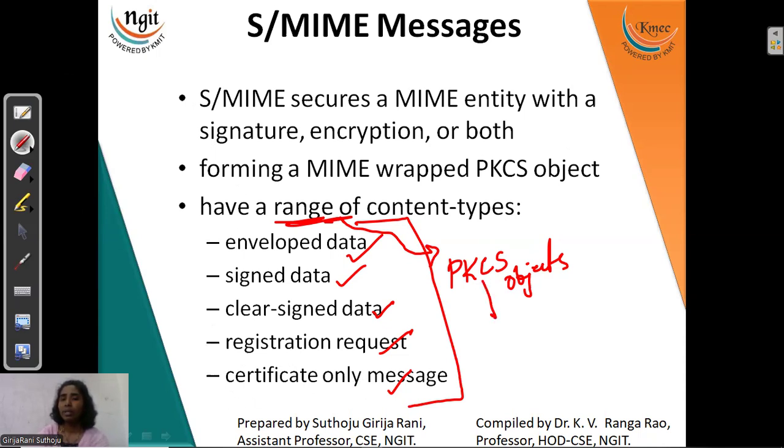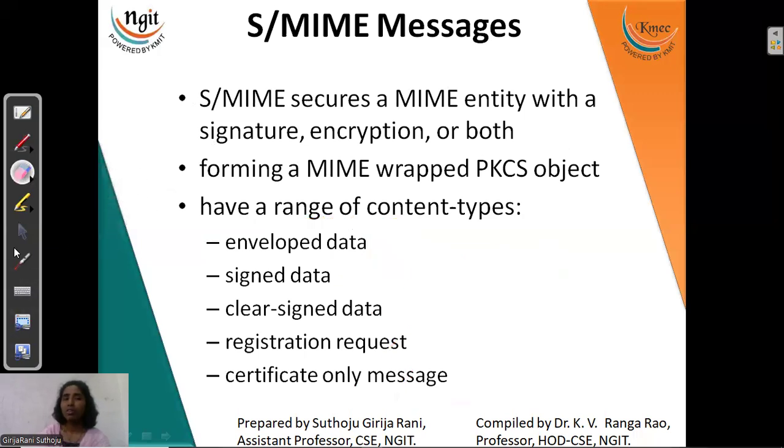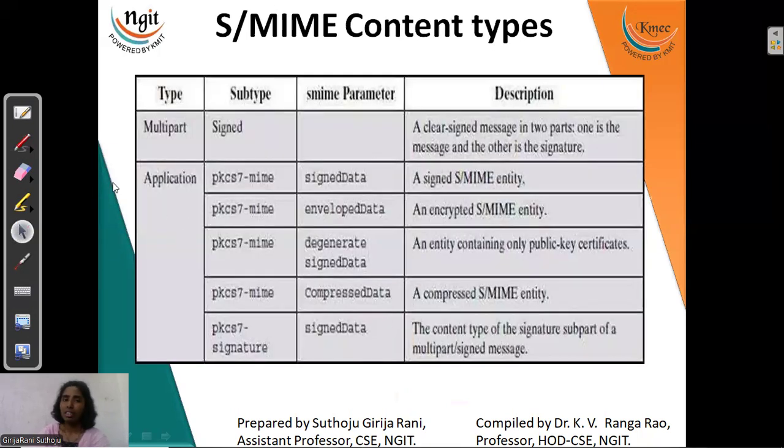What is PKCS? Public Key Cryptography Standard. These objects are responsible for identifying the range of your content type and sending it to the receiver promptly. So these are the ranges we are going to utilize in PKCS MIME.